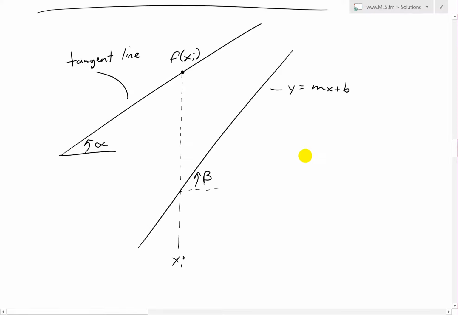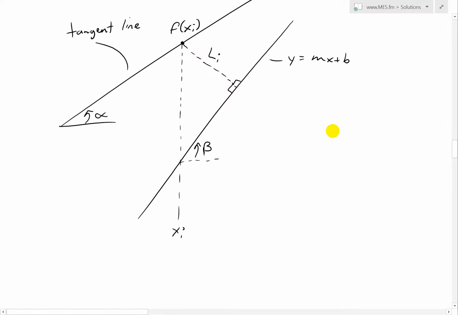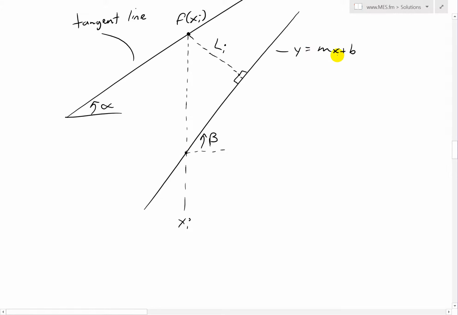The reason we're doing this is because we're going to need to solve for our Li, which is, again, drawn perpendicular to this. This is our Li. So the fact that we've extended it all the way down here is because, since this is y equals f, this total distance across here is just f of xi, which is the full length.